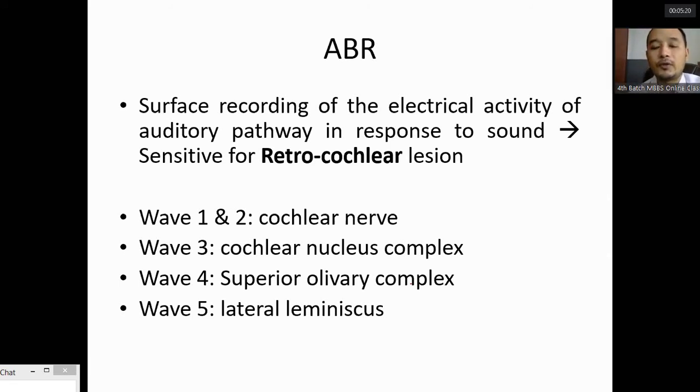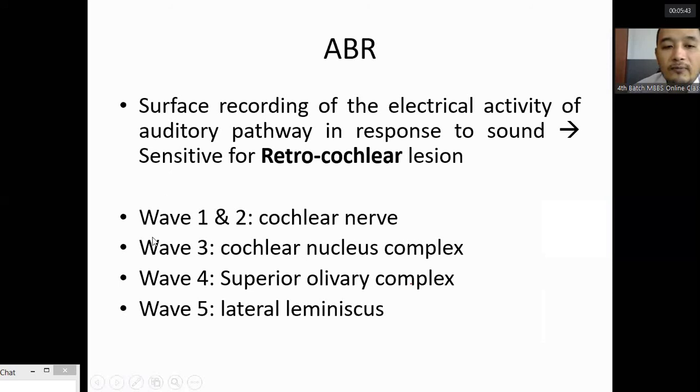It passes through the nerve, through the brainstem to the auditory cortex. All these generated electric impulses are captured by surface electrodes, just like the ECG. This is very sensitive for retrocochlear lesion. This is an objective test. Here the patient cannot interfere with the result of the test.